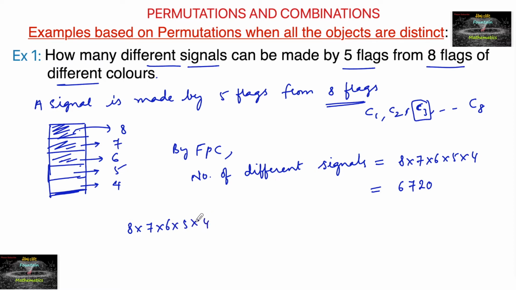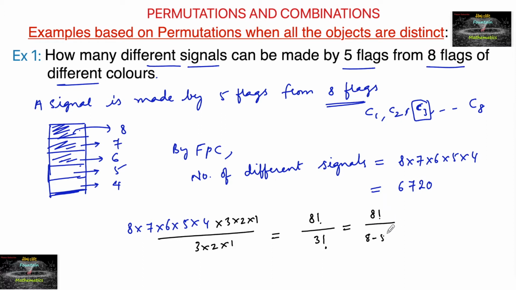This answer can also be given since 8 into 7 into 6 into 5 into 4, we just multiply and divide with 3 into 2 into 1. Which equals, this is a product of first 8 natural numbers, 8 factorial, and this is 3 factorial, or this can also be written 8 factorial upon 8 minus 5 factorial. So it is just in the form of n factorial upon n minus r factorial, which is equal to nPr.